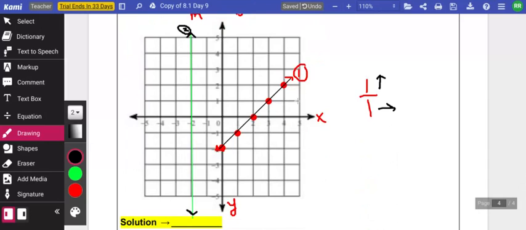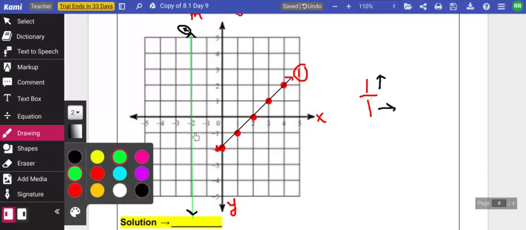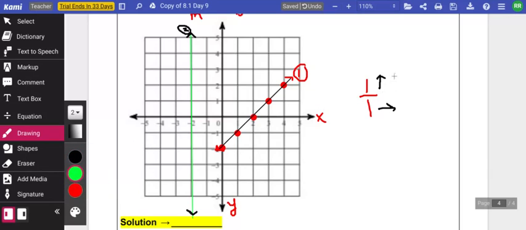Now, as you can see, the way that we graphed line 1, there is no intersection. And so what I need to do is go back to line 1, and instead of going up 1, right 1, I need to go in the other direction to see where the intersection occurs. So instead of going up 1, right 1, I could go down 1, left 1 from b.